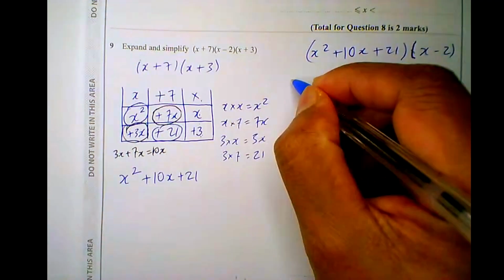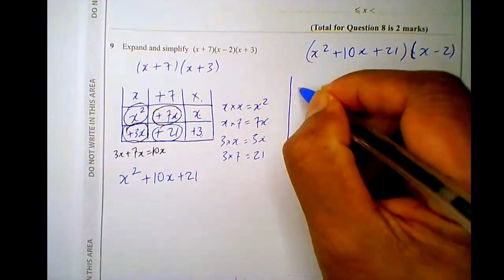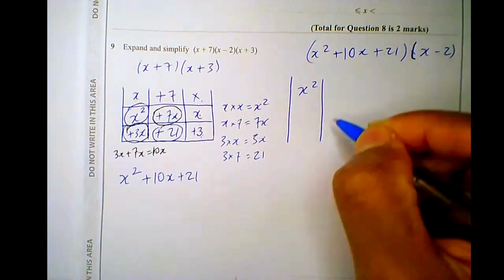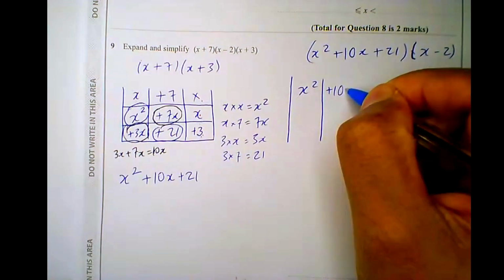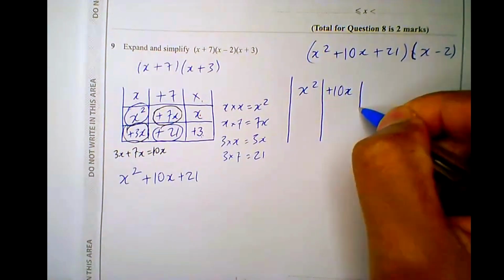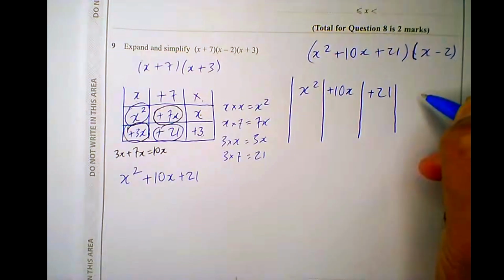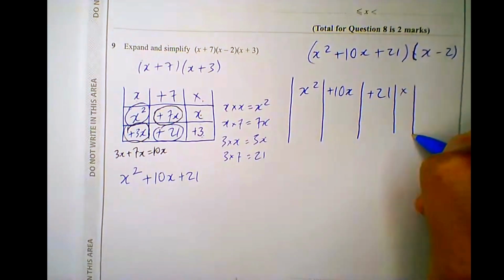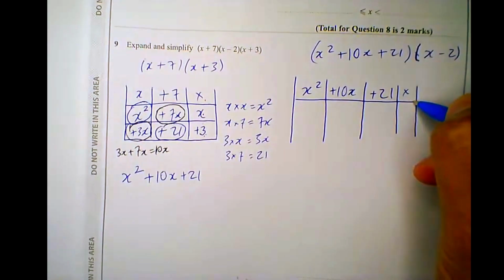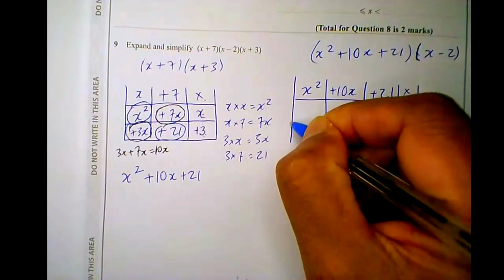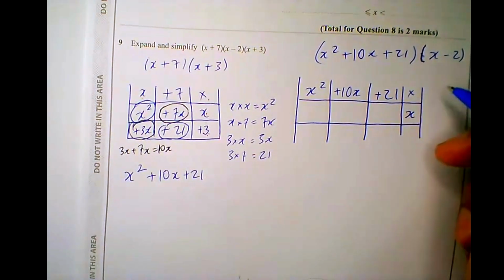So I'm going to have (x² + 10x + 21) times (x − 2).